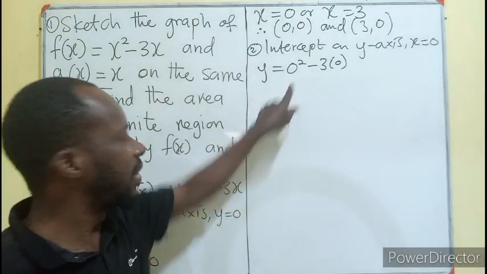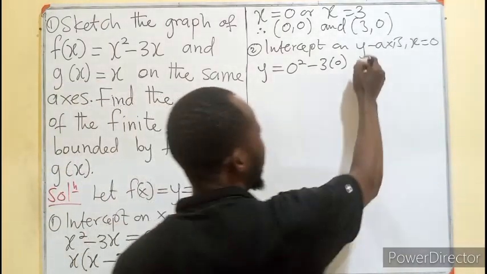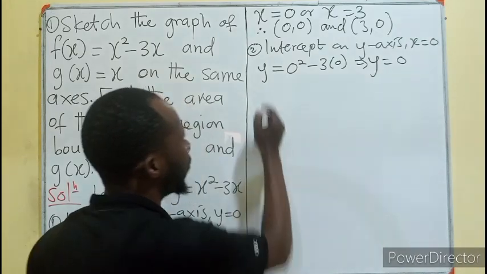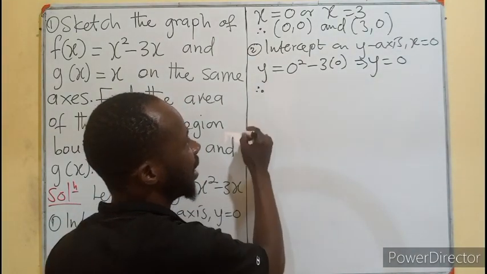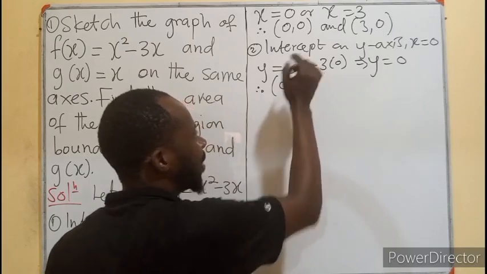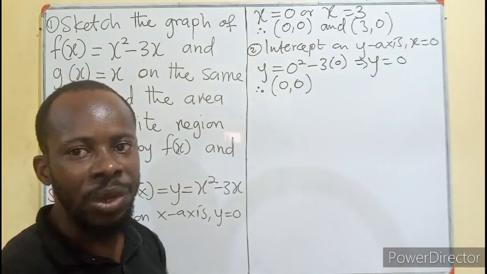We are replacing the x with the 0 that we have. And that simply means that y is also going to be equal to 0. Therefore, the point of the intercept will be x being 0 and y being 0. So these are the two points we need.